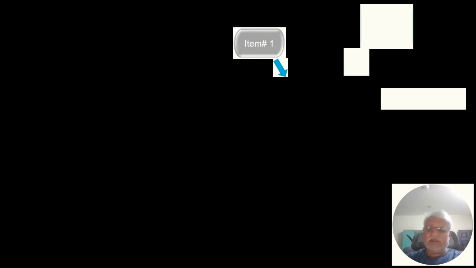Let us understand the meaning of synthesis, where it has come from, and how the word synthesis plays different roles in daily life. The word synthesis is a Greek word which means putting together.